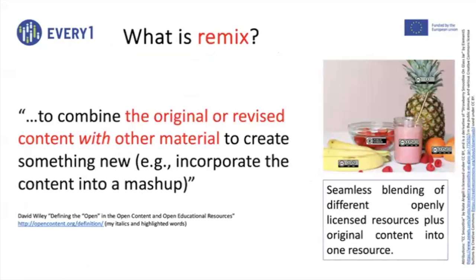So in the instance of Every1 materials, this could be that you want to make use of one of our Digital Energy Essentials courses, and you've also found another great OER somewhere that's on a different license, and you want to combine them together to create something new, and you're going to add your own content and some images from various places, etc. You're going to create a really fabulous new resource.